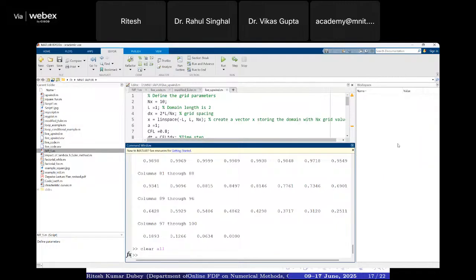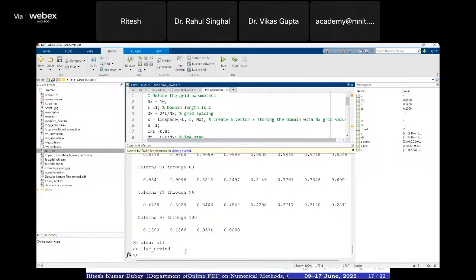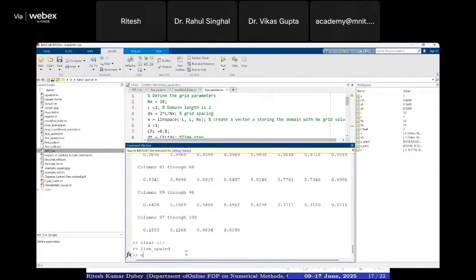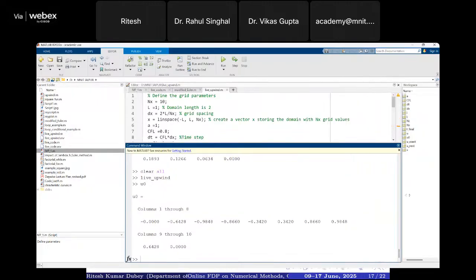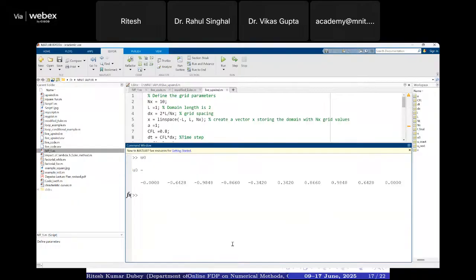Clear all is a command so that everything goes from the workspace. Now let us see what u0 is. u0 is a 10 length vector, taking the sine values, sin pi x, from -1 to 1. You can see that this value is the same as this value with the sign change, and this value is the same as this value with the sign change.